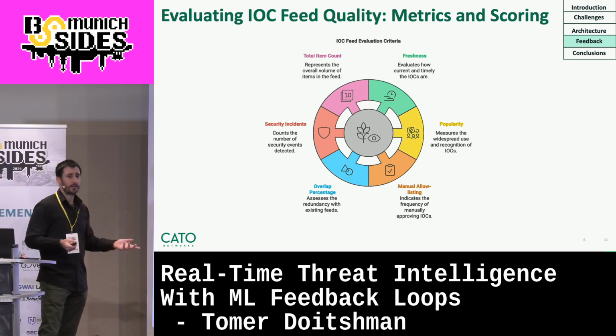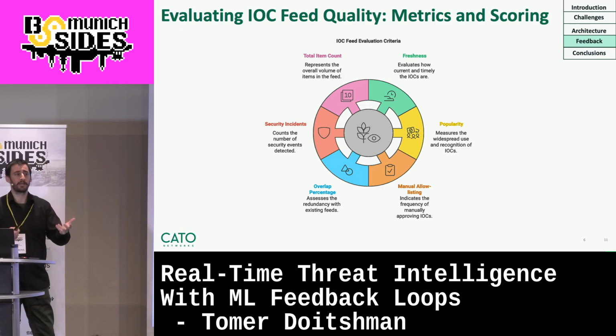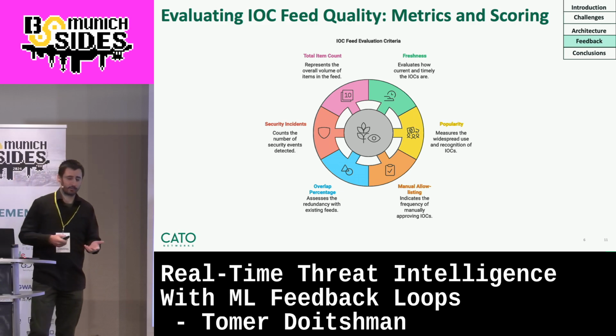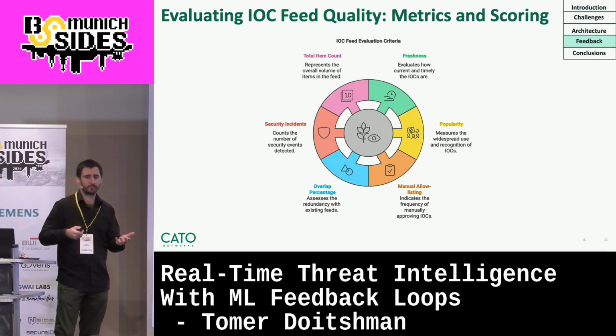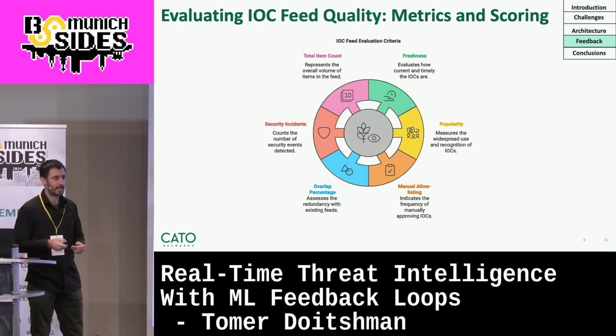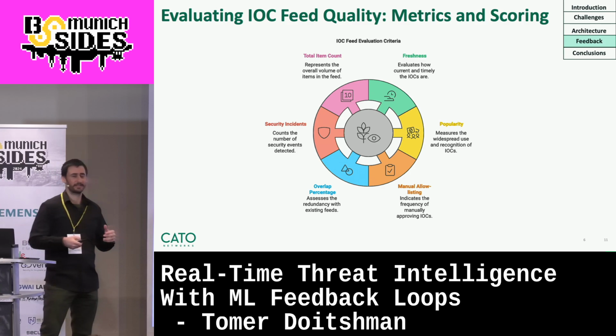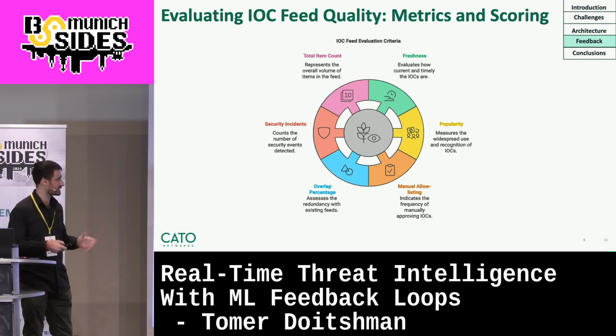The second one is popularity. If I have an IOC feed that contains many high-popularity domains, it's an alarm. I may suspect that this feed has many false positives, and I won't pay for that.